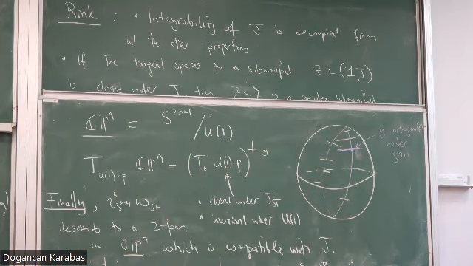They are the same J. And this symplectic structure that I get is compatible with this J in the sense that when you combine them, you get a Riemannian metric.